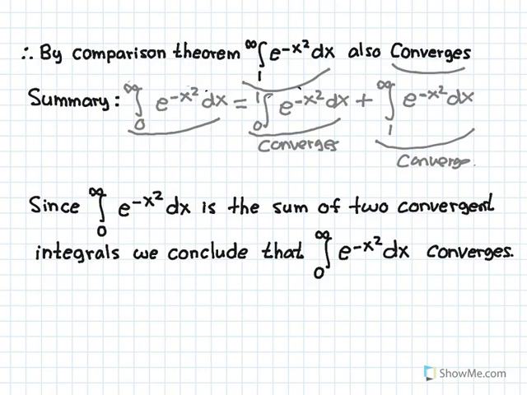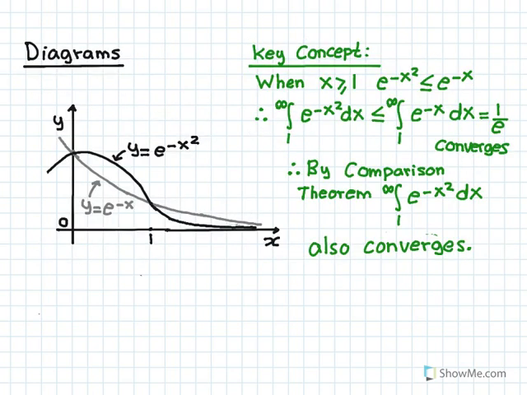So we have a sum of two convergent integrals. So we have proven that the integral from 0 to infinity of e to the minus x squared dx also converges, because it's a sum of two convergent integrals. So let's look at a diagram.